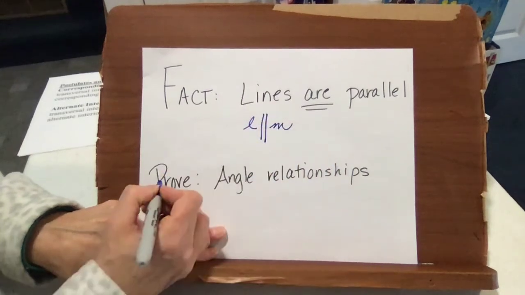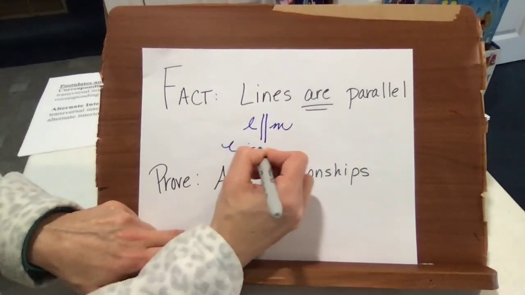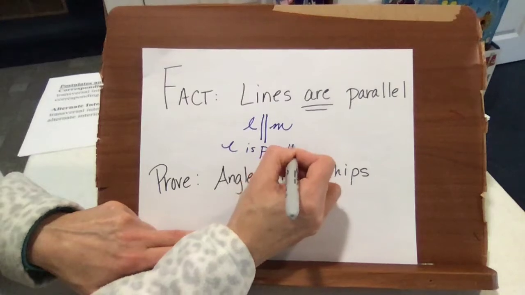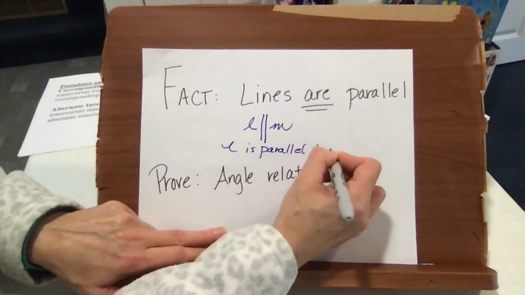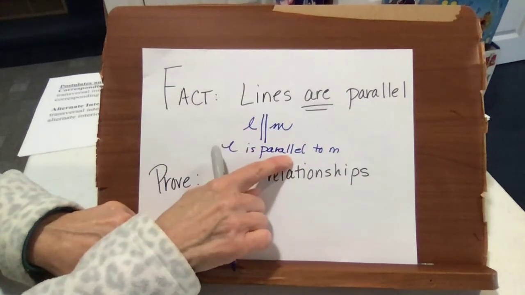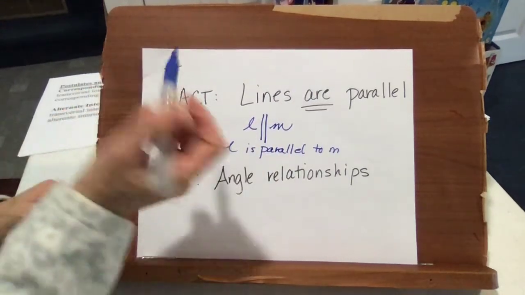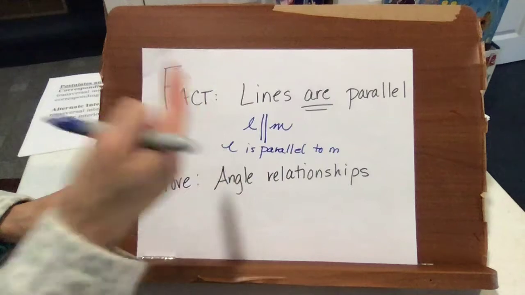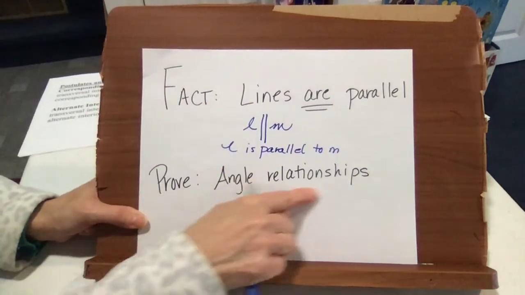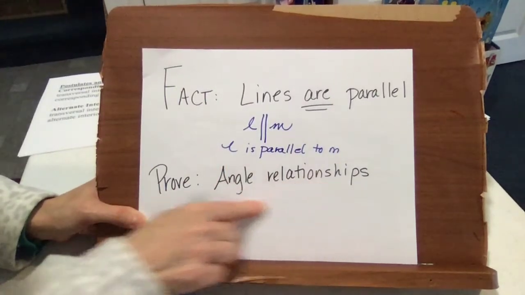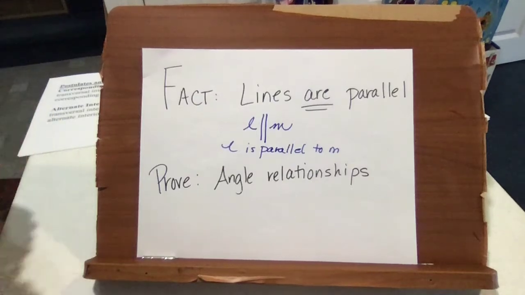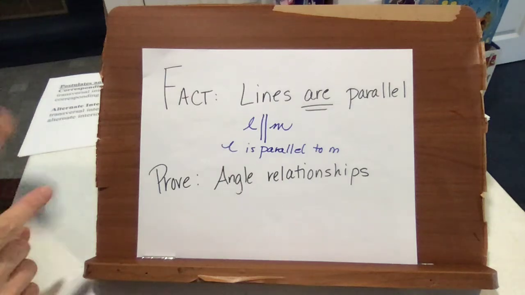So this means L is parallel to M. The way I remember the parallel symbol is it's got two L's in parallel, just a little elongated. So we have a fact: we know our lines are parallel. We are proving or showing our relationship of the angles, and that's where we come in with the congruence of the angles, or whether or not the angles are supplementary based on their position.